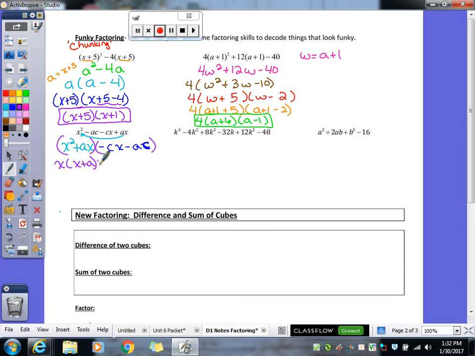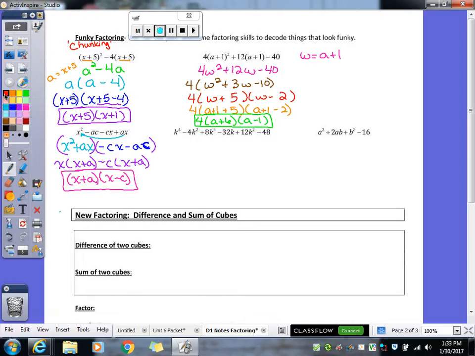Negative C. Then I'm left with x plus A. So in our final answer, we would have x plus A times x minus C. So that one was just a little bit different because we had to rearrange our order a little bit.